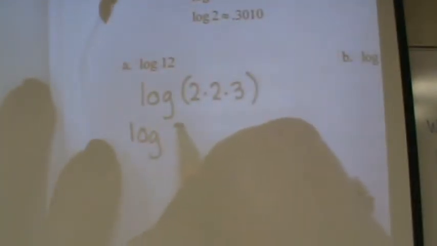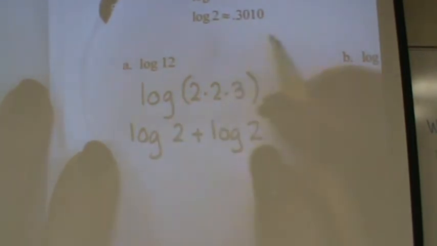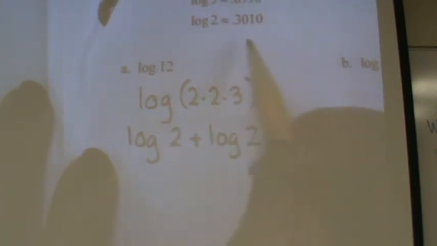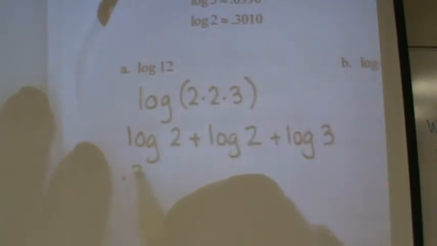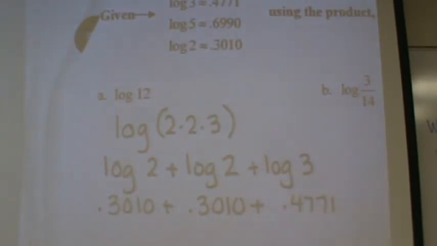So it's really the log of 2 plus log of 2 plus log of 3. So it's 0.3010, and log of 3 is 0.4771. Anyone have an answer?